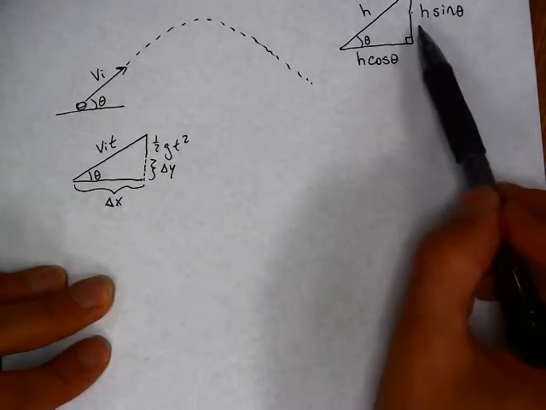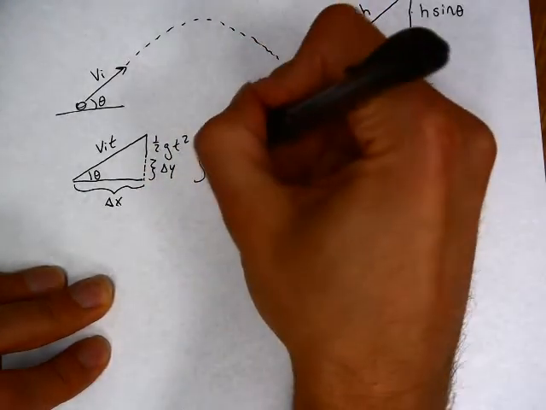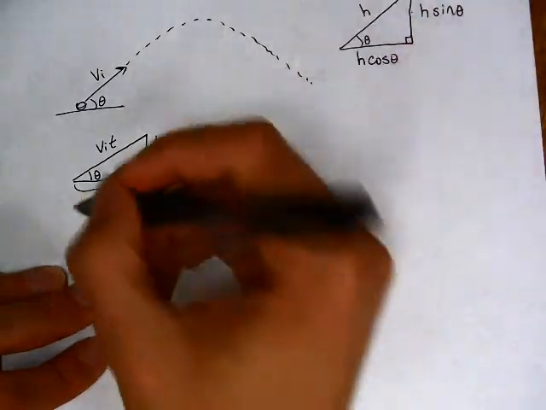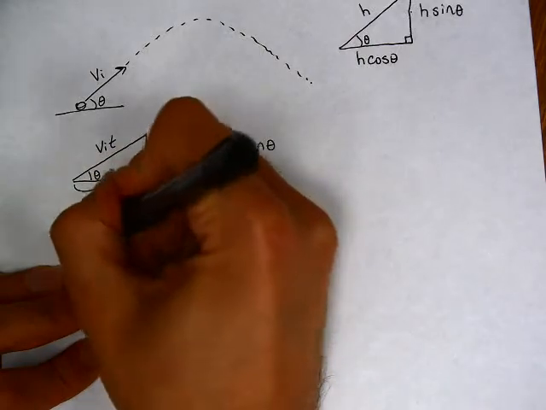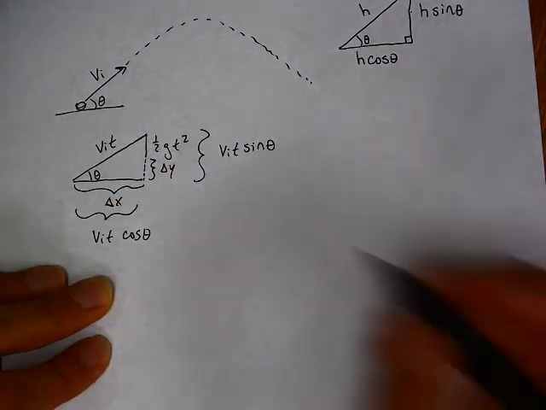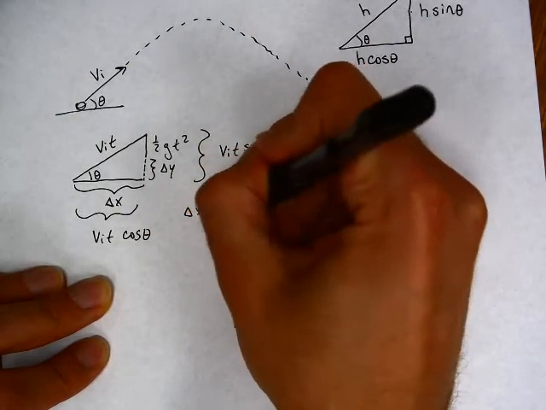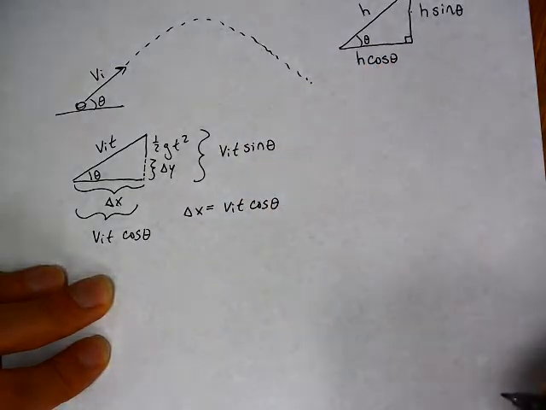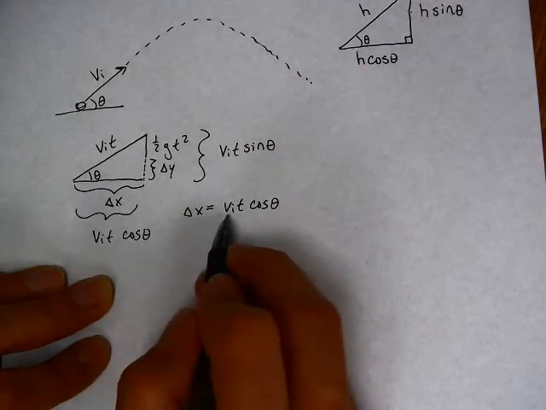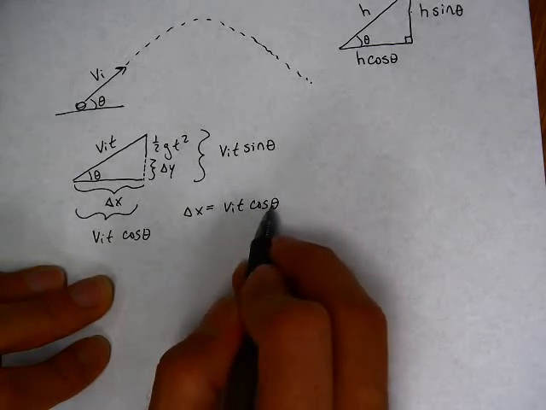Now, the example before told us that this side is equal to the hypotenuse, which is VIT, times sine of theta. And this side is equal to VIT times cosine of theta. Therefore, delta x equals VIT cosine theta. That is, the displacement horizontally is equal to the initial velocity times the time you've been traveling times cosine of the launch angle.